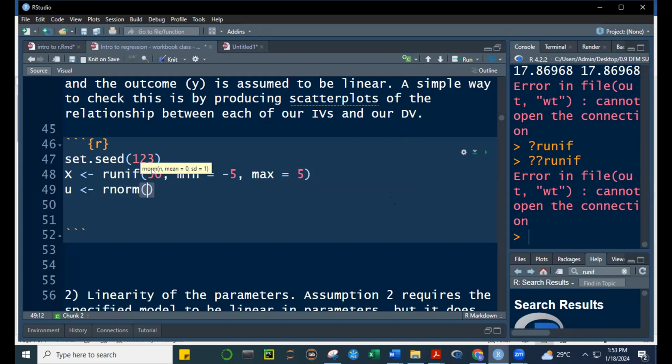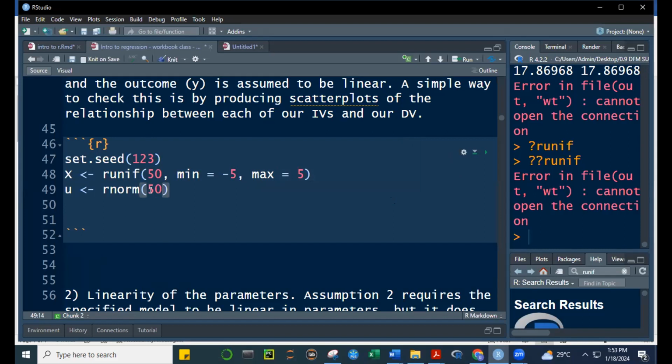So the syntax, class, is rnorm, and the default mean is 0 and standard deviation is equal to 1. That's what the function says, right? If you can see here the IntelliSense, rnorm, mean is equal to 0, standard deviation is equal to 1.